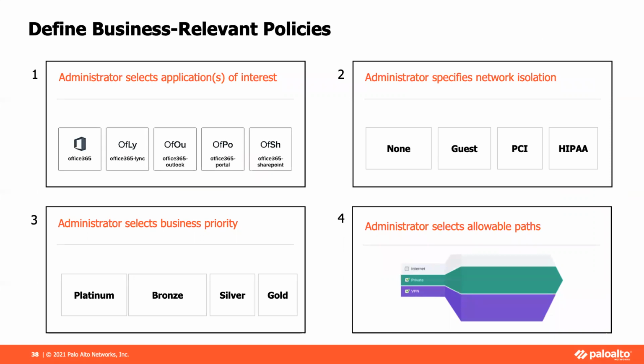The idea is you can determine what applications you're interested in with Prisma SD-WAN, whether it's Office 365 or whatever it might be.